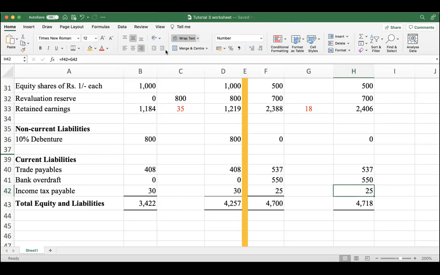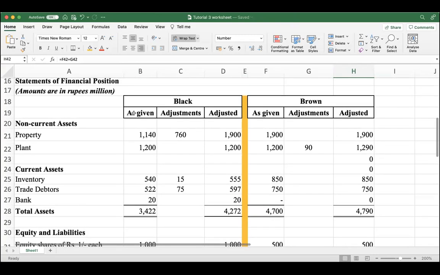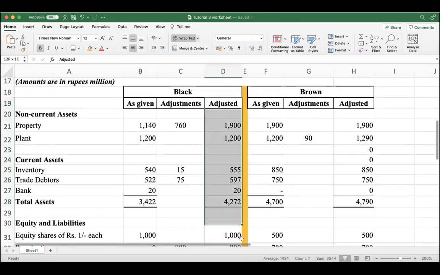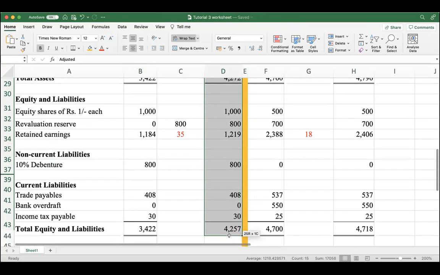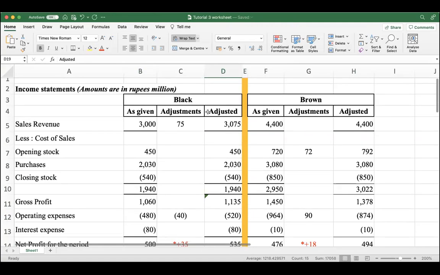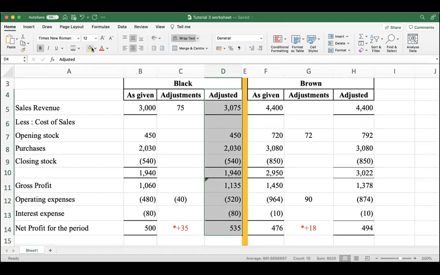Yes, you have to do the ratio analysis using adjusted values. Now, after the accounting analysis, you don't look at the previous values. All your analyses are based on these adjusted values.